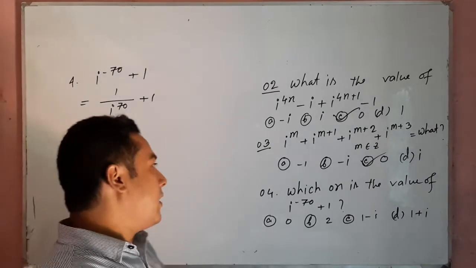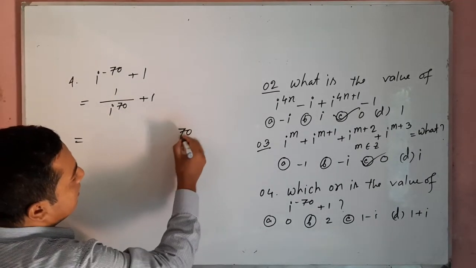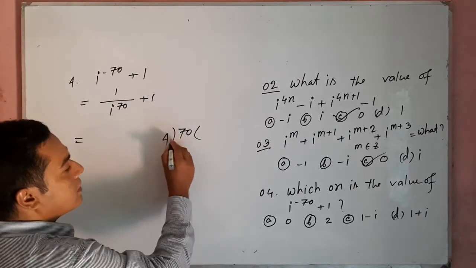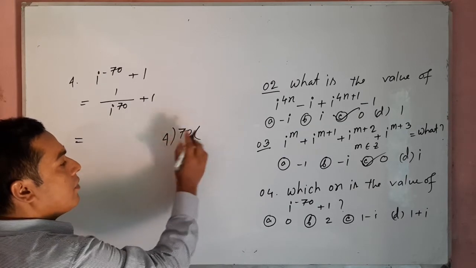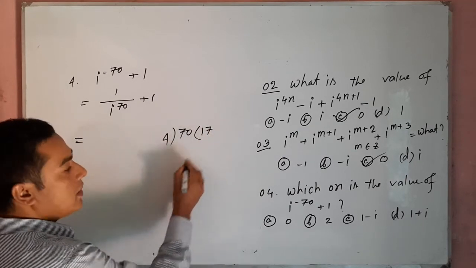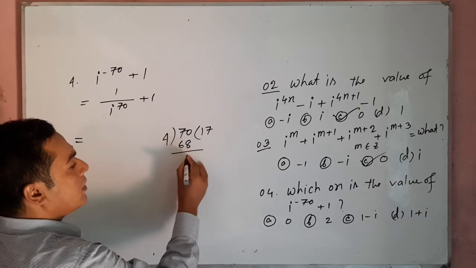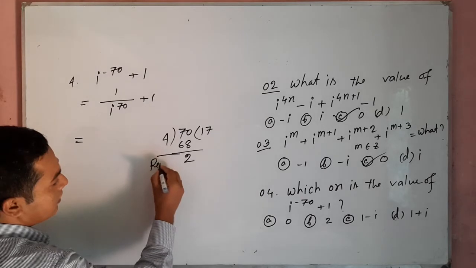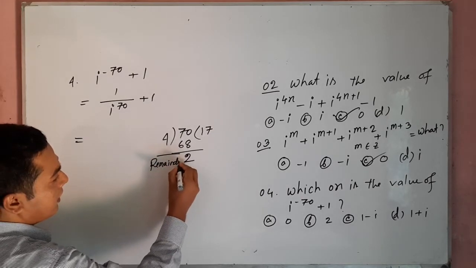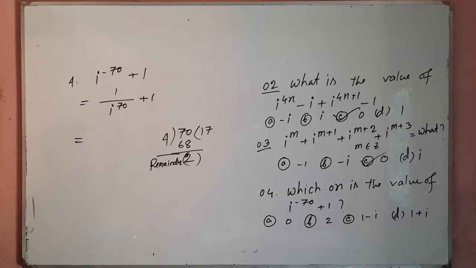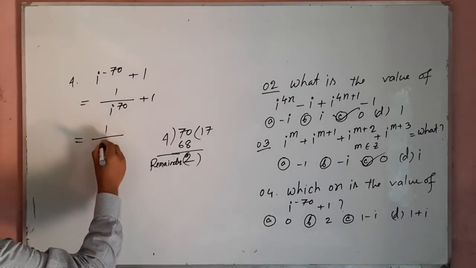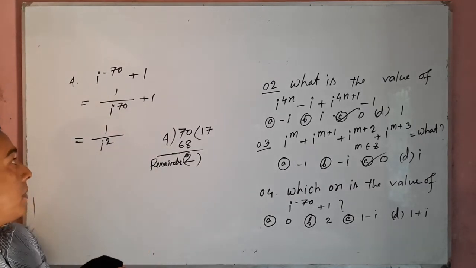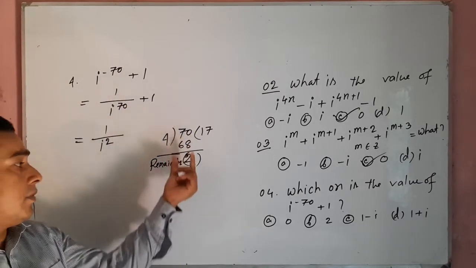So at first 70 is divided by 4. 70 divided by 4, it will be 17, 4 times 17 is 68, then the remainder is 2.